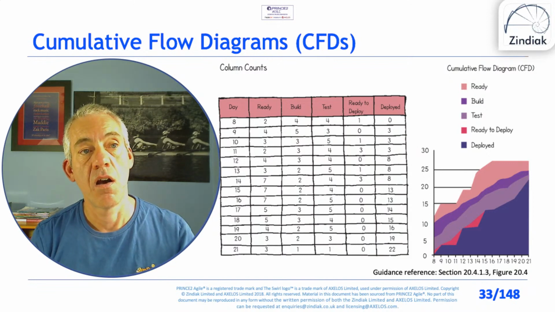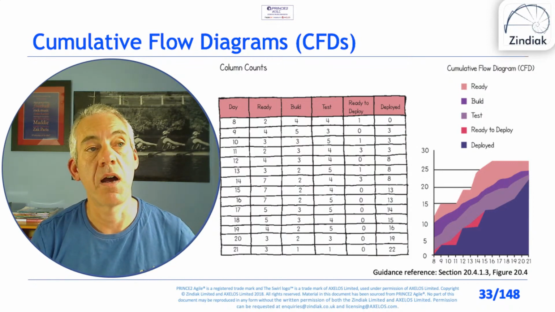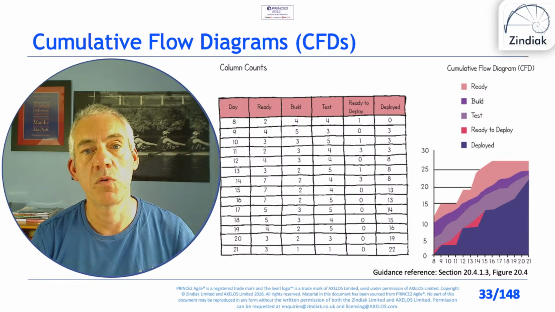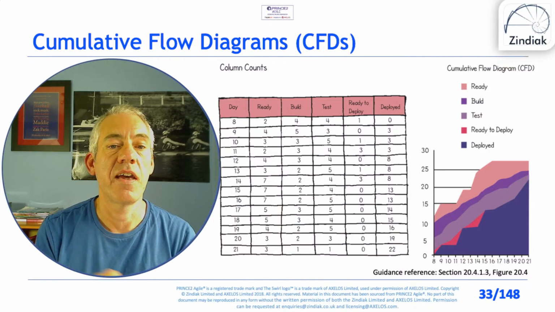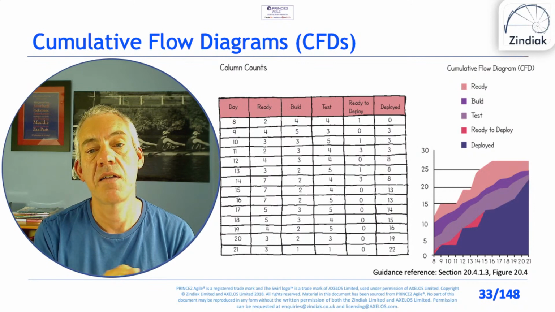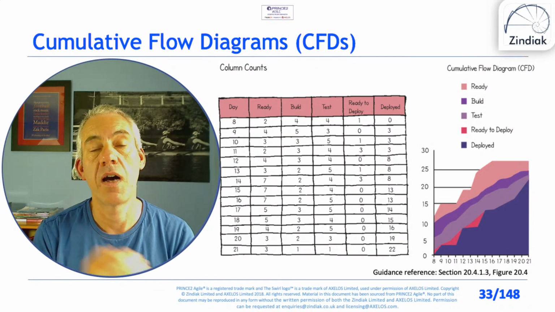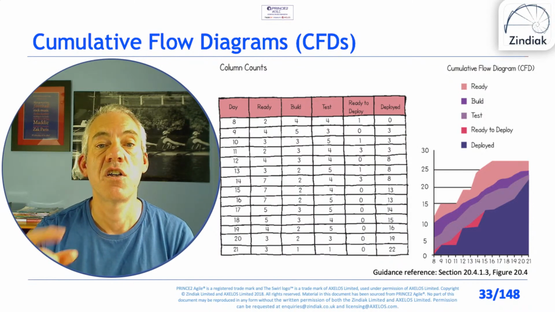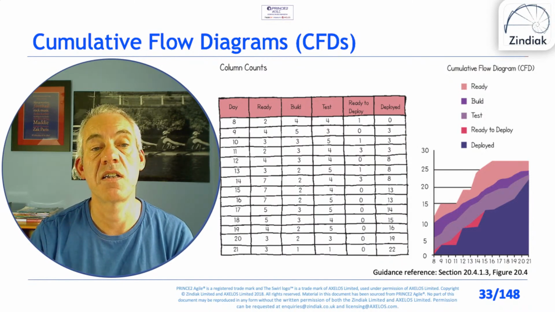And you can see on the spreadsheet to my left that the columns are basically from the Kanban board, and the horizontal difference between the lines shows the time it takes for an item to progress through the system, and the vertical difference shows the number of items in the system on any one day.